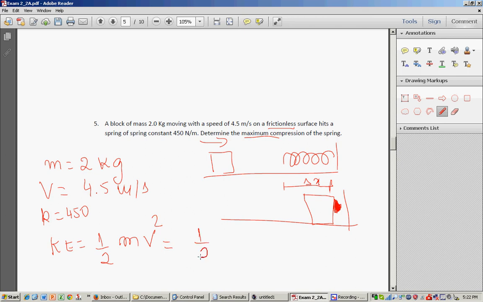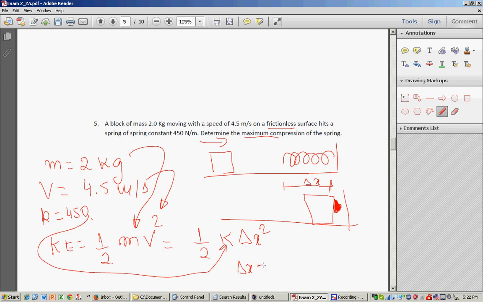The block has a kinetic energy equal to half the mass of the block times velocity squared, and that is going to be equal to the energy stored in the compressed spring. So the only thing I do is replace the mass by 2, the velocity goes in here, the spring constant is placed in there, and then we can find our dx.